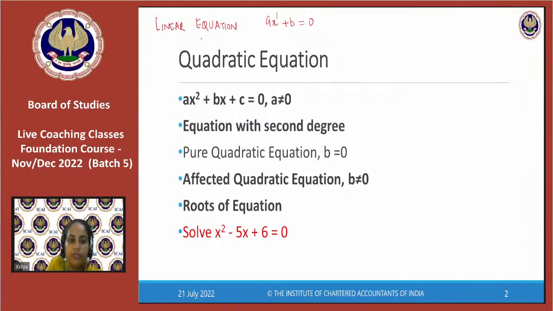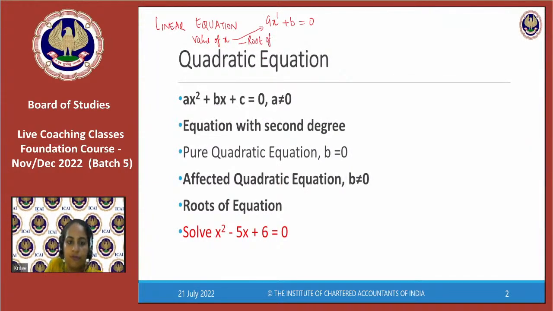And if you remember, we studied the value of x which satisfies the given condition of equality. That is known as the root of the equation. I hope this is something that we have practiced also. A lot of you might have practiced the questions from the exercise. The chapter is quite easy and easily understandable. You can always relate it to your practical lives.